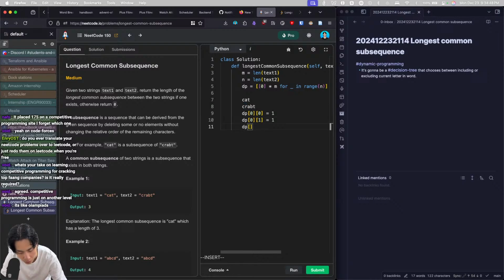DP of, say, 1 and 1 is going to equal CA, CR, which is still 1.